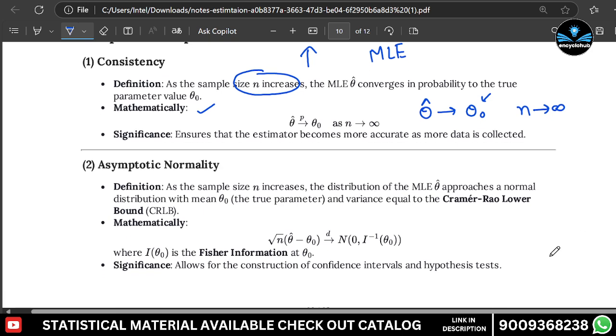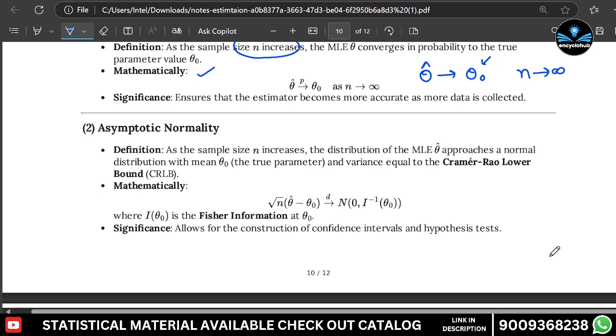Now the second one is asymptotic normality. This is similar to consistency, but here also n increases. The distribution of the MLE approaches a normal distribution with mean theta 0 and variance equal to the Cramér-Rao lower bound.